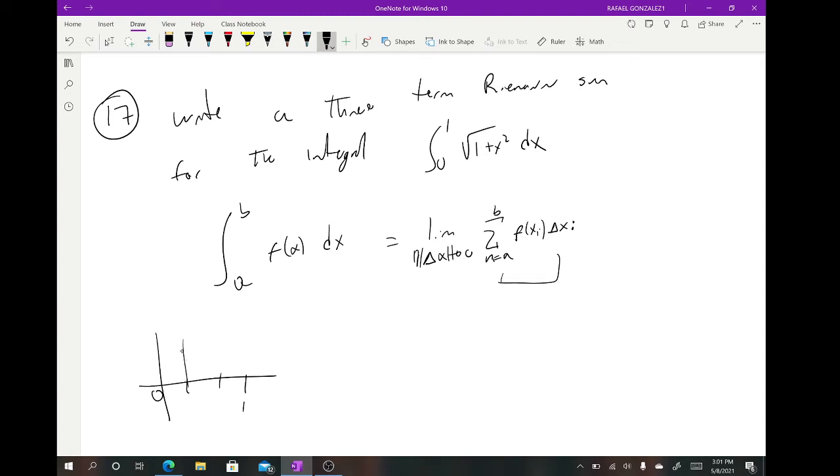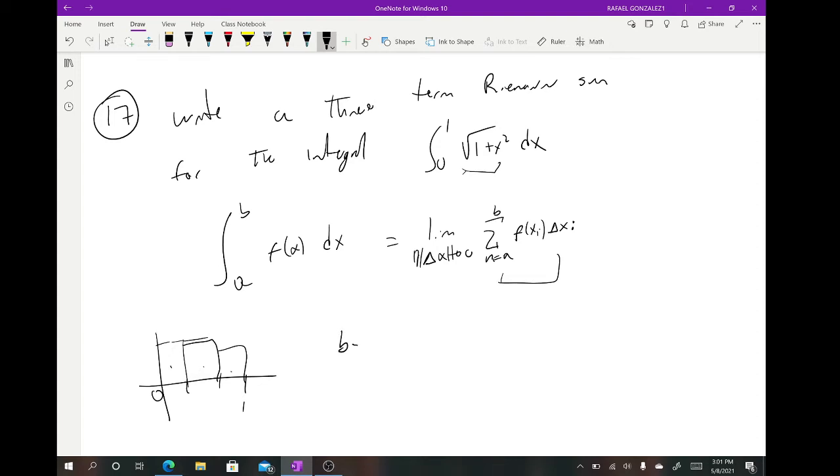So remember, we have to make rectangles. Let's say we have a rectangle here, and they don't have to have the same height. Let's say something like this. It's not exactly like this because this is not the function we're working with; just for the sake of argument, this is what we're going to be dealing with. The rectangles don't have to have the same width, but to make the problem easier, we want them to have the same width.